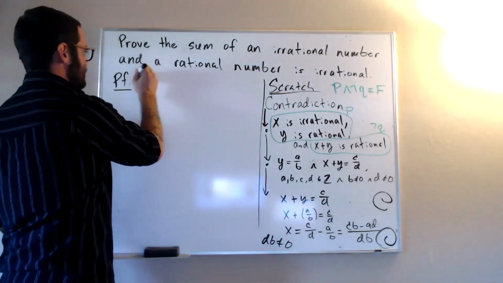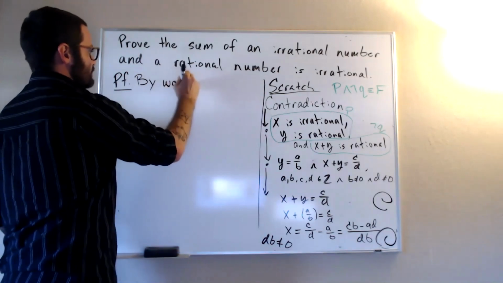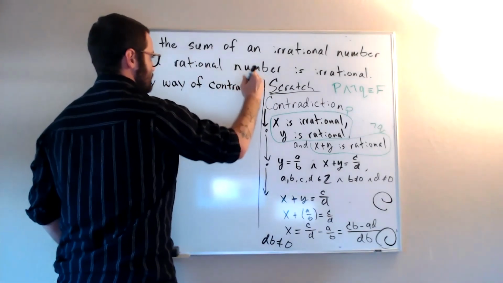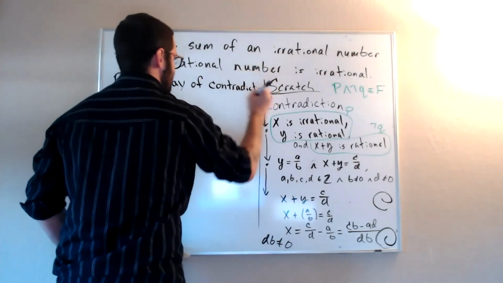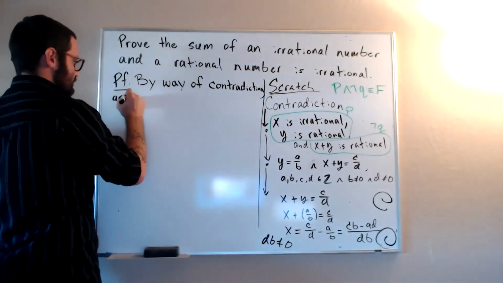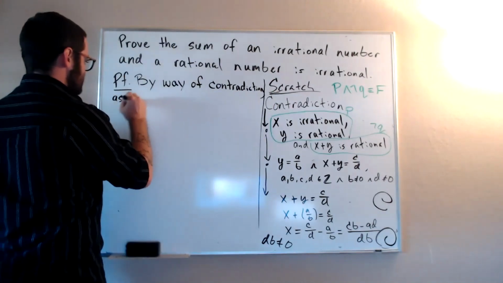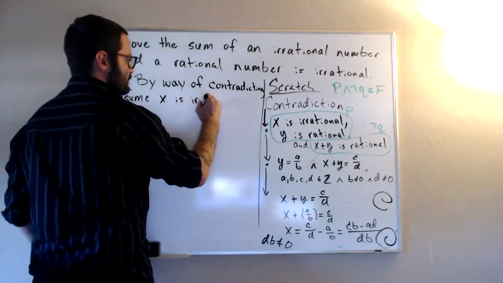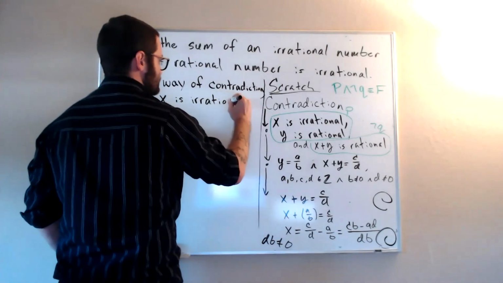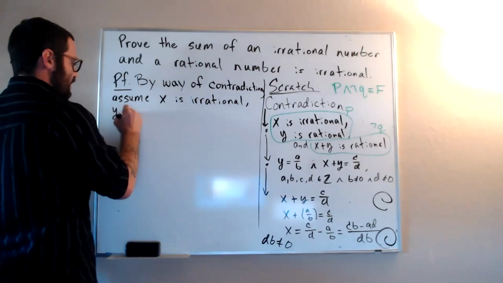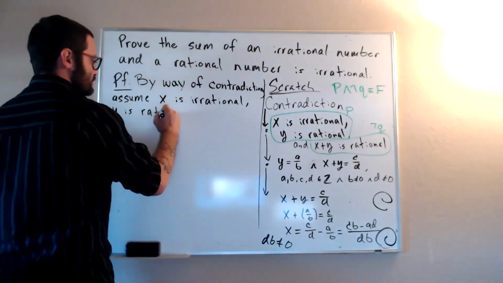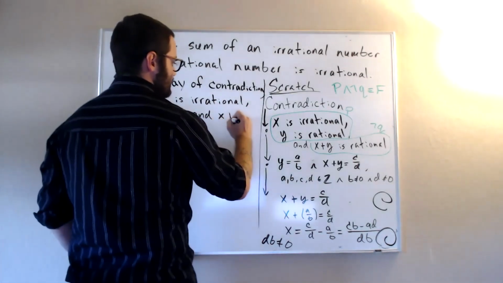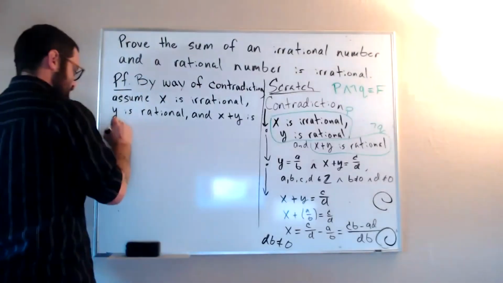So we can say something like, by way of contradiction, assume X is irrational, Y is rational, and X plus Y is rational.